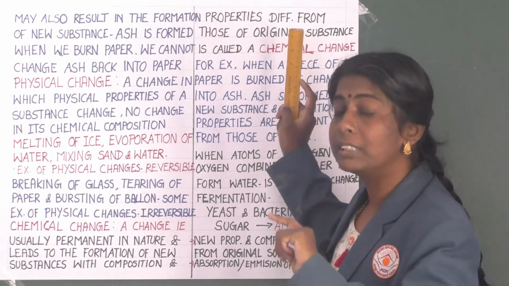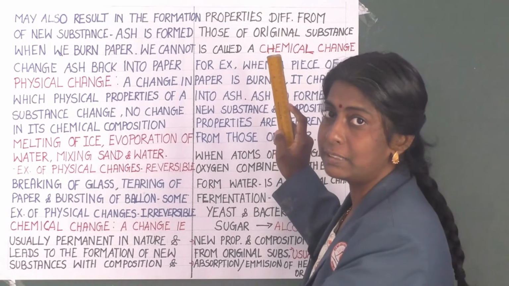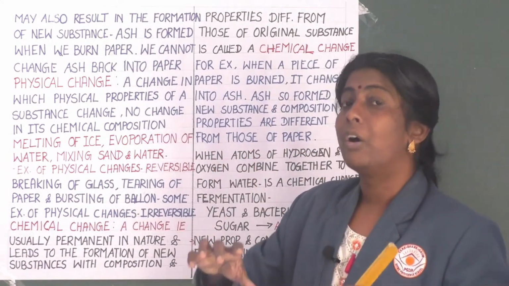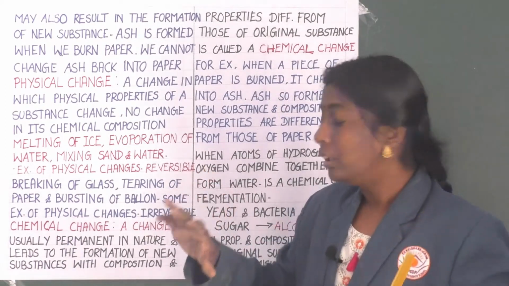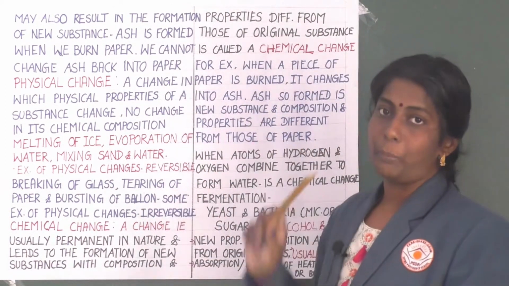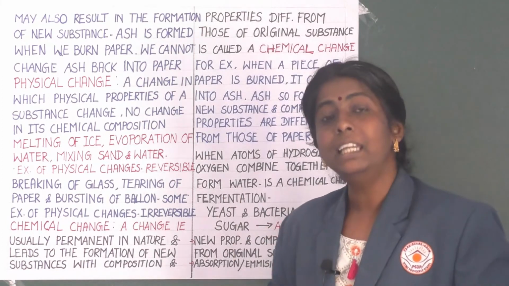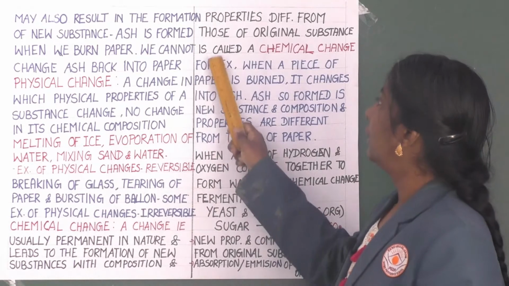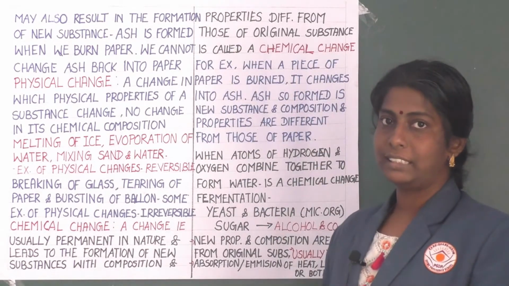It won't stay like the original substances. It will be turned to a new substance, where the new substance has different composition and properties. So chemically it has been changed. So we are going to learn about that. That is called chemical change.